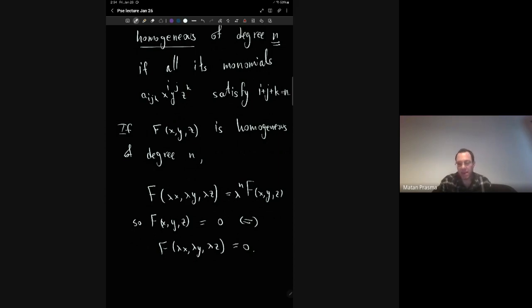And this means that the set of zeros of a homogeneous polynomial makes sense also in the projective plane. So the solution set of F is well defined in P^2(K).